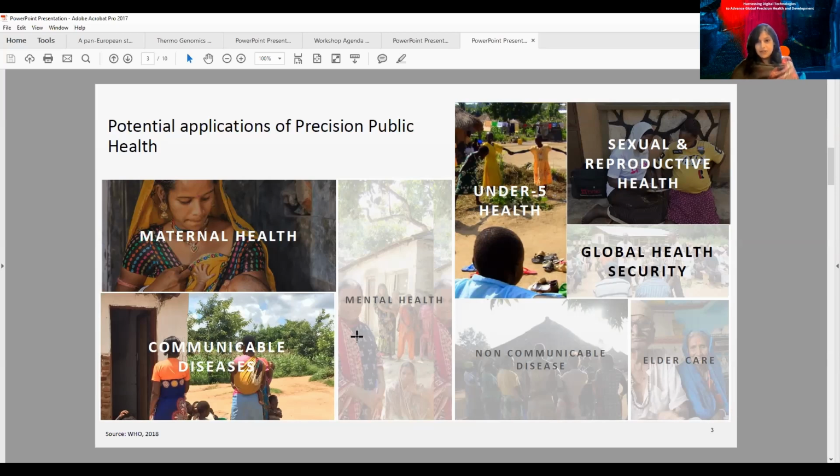At the Rockefeller Foundation, we started, and this is again in 2018, with maternal and child health, maternal, child, and reproductive health as the signature focus of our efforts.